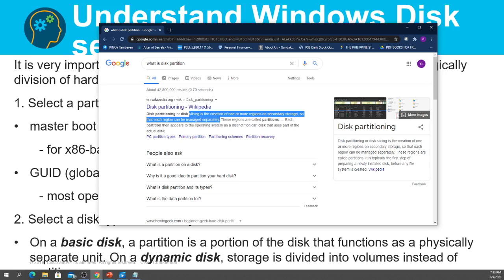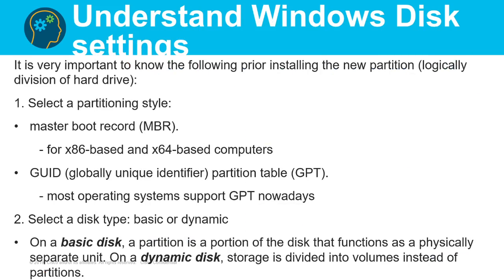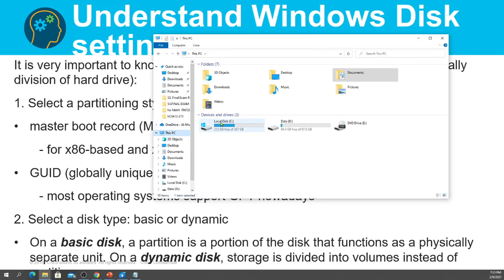For example, in my computer I have only one drive, but when you check my Explorer, I have drive C and drive D. Mine is most likely this is 400. Remember, when you are checking the capacity of your hard drive, it will not be exact.